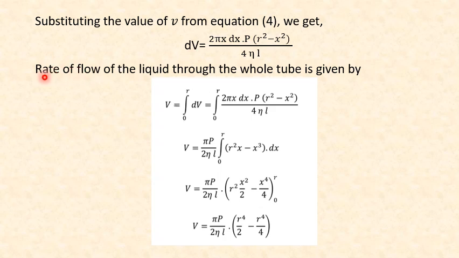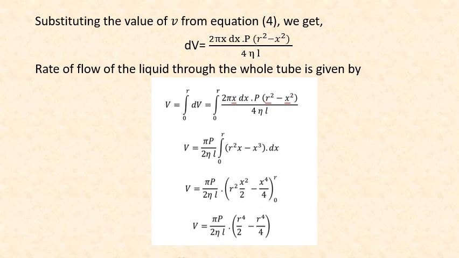Now to find out the rate of flow of the liquid throughout the whole tube, we have to integrate dv. V equals integration from 0 to r of dv, which equals integration of 2 pi x into dx into p of r square minus x square divided by 4 neta L. Now here the variable is x, which is the layer distance that we have considered, and r is a fixed one.